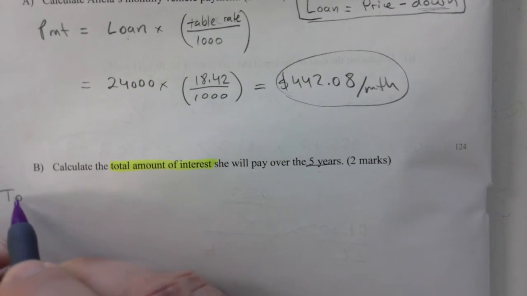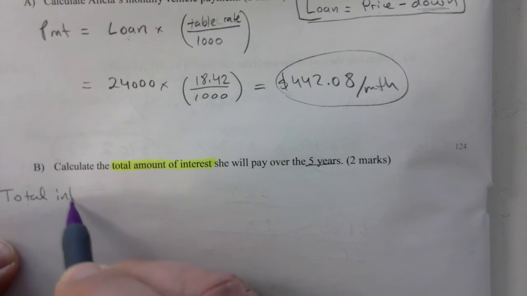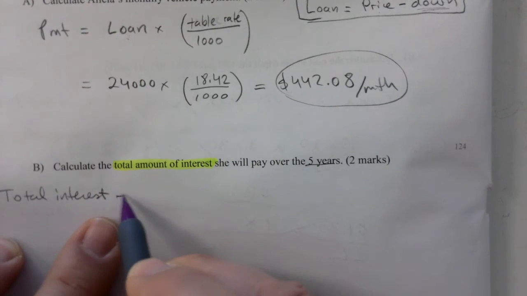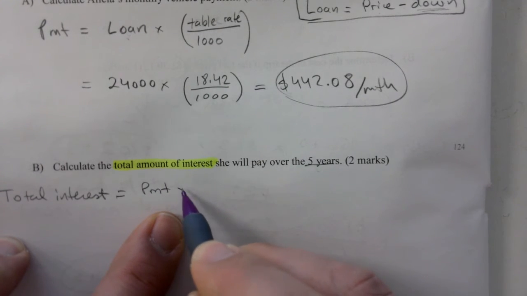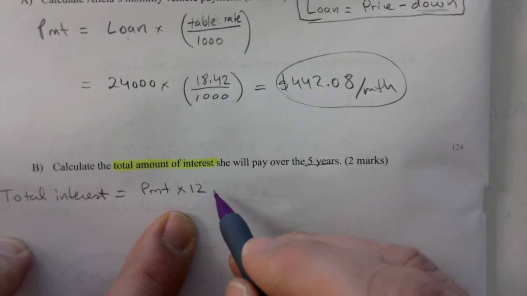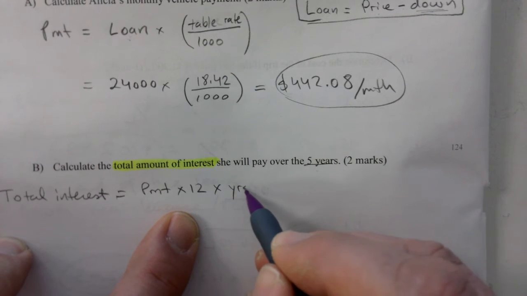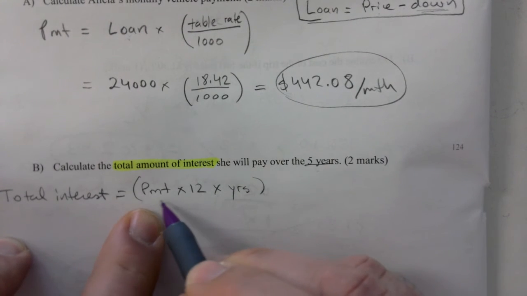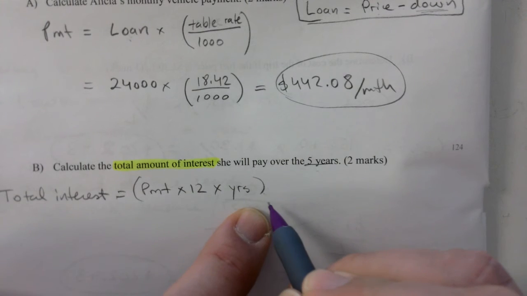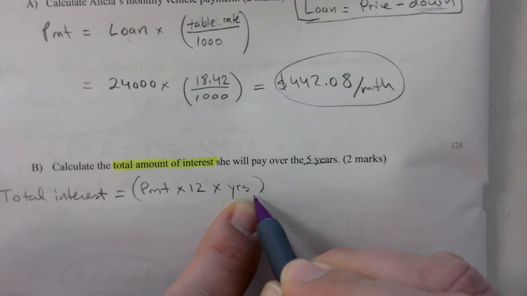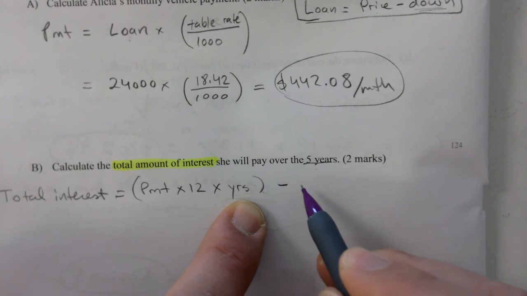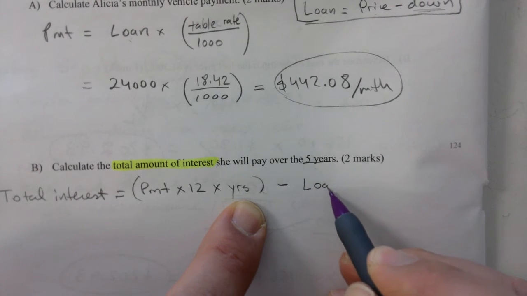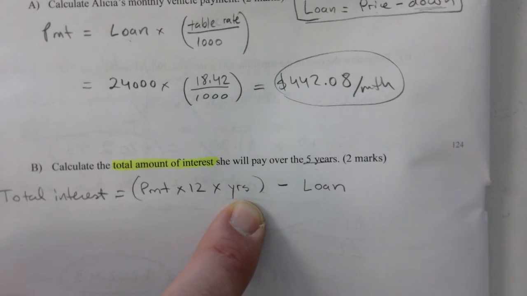Total interest, and here's a formula again, would be payment times 12, because it's always a monthly payment, times years. This is how much you will have paid the bank in total over the number of years, minus the loan amount.